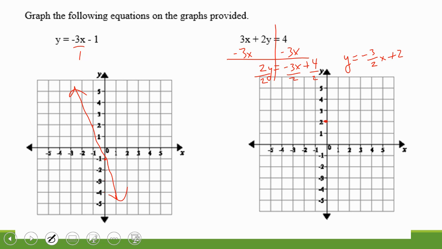So I make a point at 2. Slope is down 3 to the right 2, or up 3 to the left 2. Make your line. With your line tool, you should be able to do it a little straighter than that.